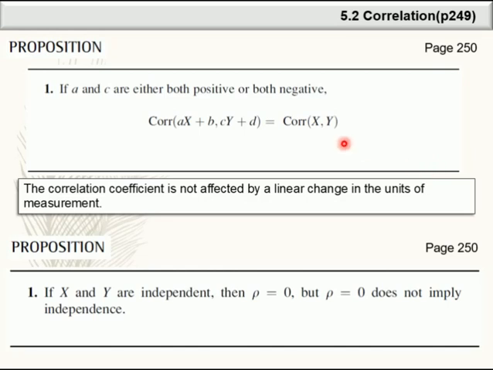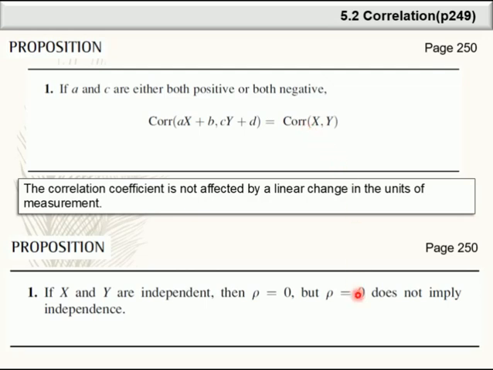So if you found the correlation between x and y, and then you scaled x and y, so it's still a line, ax plus b, cy plus d, all of it a linear transformation on both of these, if you find the correlation on these, it's going to be exactly the same as the correlation on the original data before you even did the transformation.